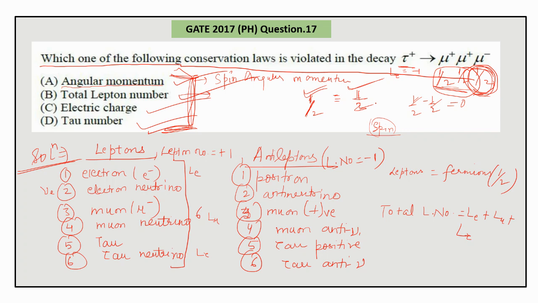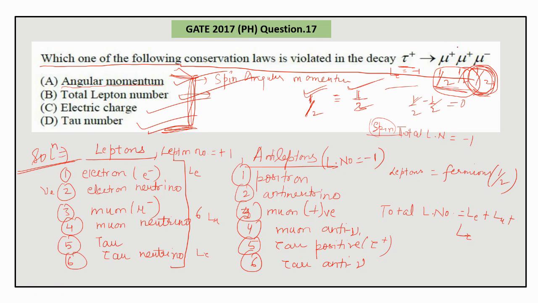And for B, total lepton number. So there is lepton number for electron, lepton number for muon, and lepton number for tau. So total lepton number is the addition of these three. Here we can see tau positive has lepton number minus one. So on the left hand side, total lepton number is minus one.